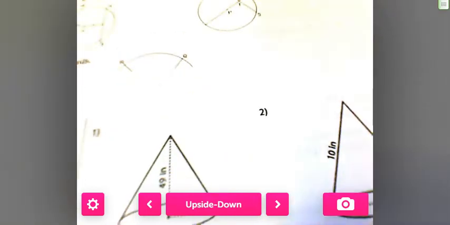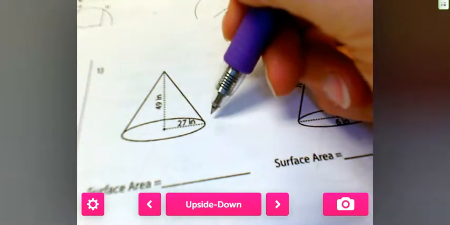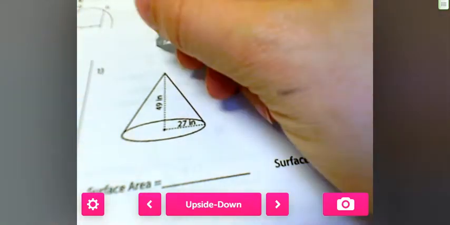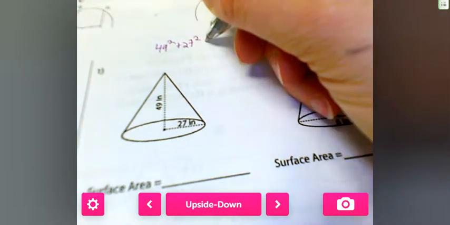Let's try one of these on the back where you're going to have to find the slant height first. So let's just look at number 1. We're going to try to find the surface area, so we have to do the slant height. So that's 49 squared plus 27 squared equals slant height squared.